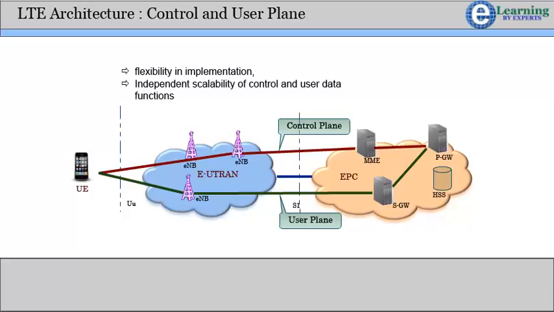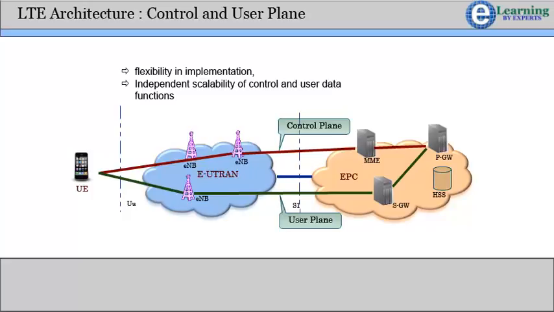Some of the main functions of the EPC are establishment and enforcement of quality of service, QoS, for user services, and allowing a mobile UE to maintain a consistent IP address while moving. The EPC is designed to interwork with legacy wireless networks.